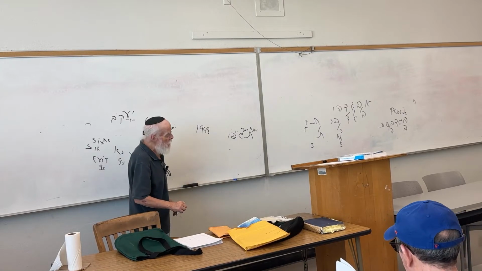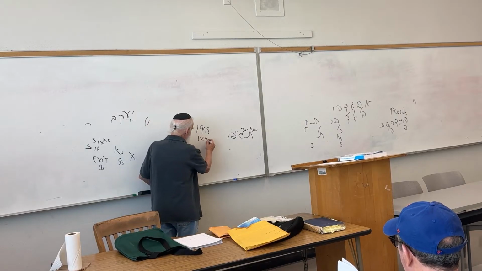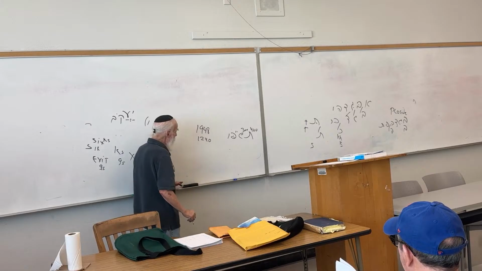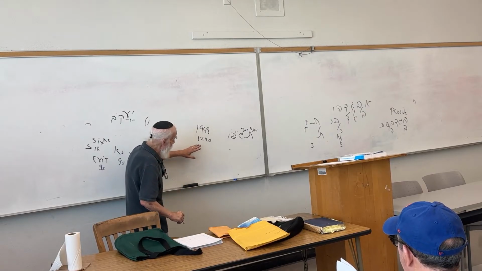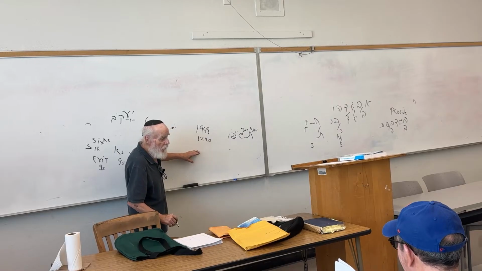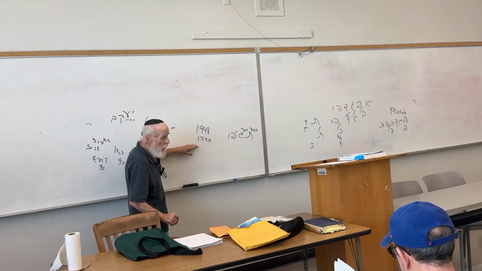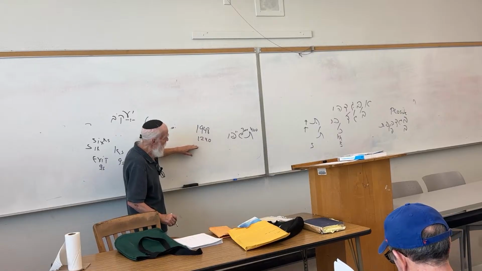What you do is take the number 1240. The number 1240 is a number nobody knows. It is a mystery. Whatever year you have after 1240, use 1240 and subtract that number from it.